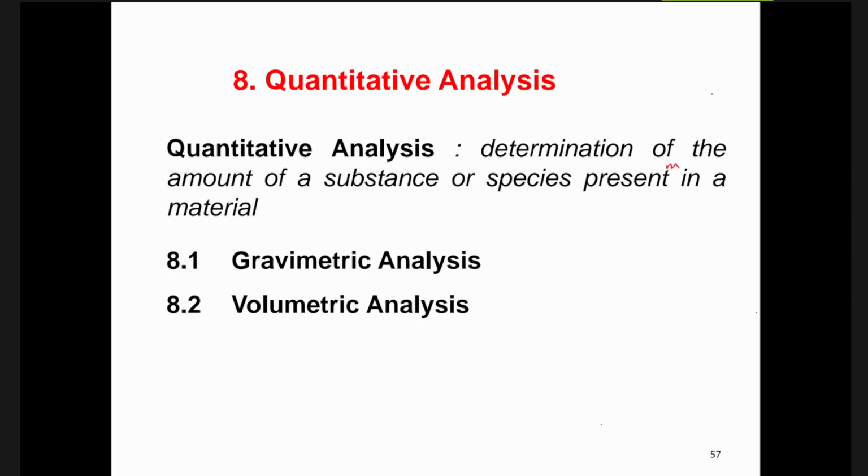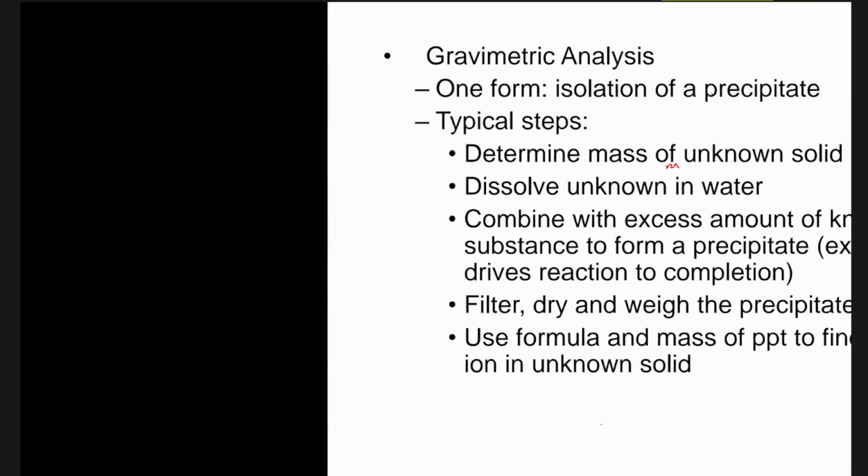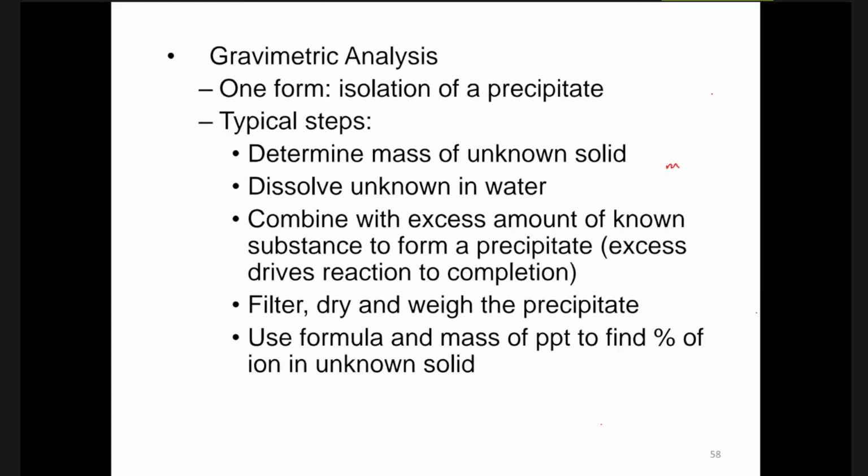And using the volumetric analysis, that means you calculate the volume of the solution you use, and from that, you define the amount, the quantity of the species you need to determine in the solution.